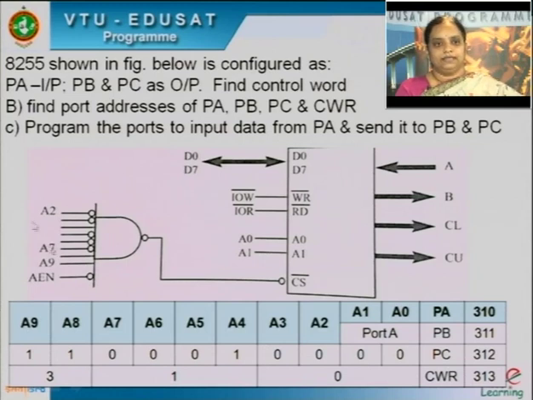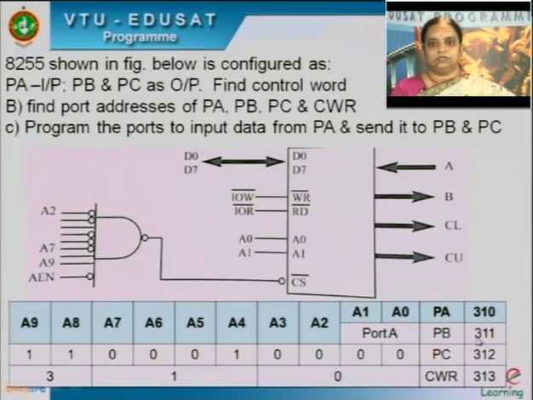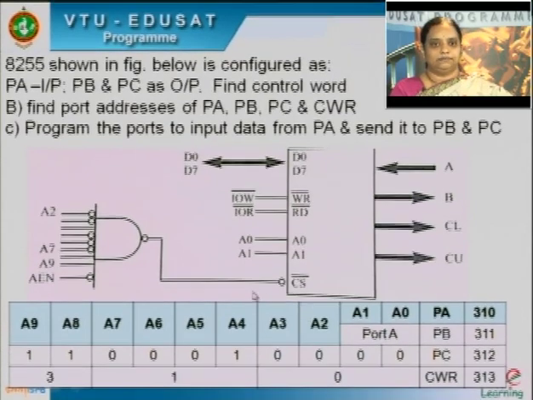So from the decoding circuitry, that is A2 to A9, put the values of zeros and ones, and for port A, you put the base address on A0 and A1 as 00, group 4 bits together, and we get the starting address. The rest of the addresses will be consecutive, that is sequential, 311, 312, 313.